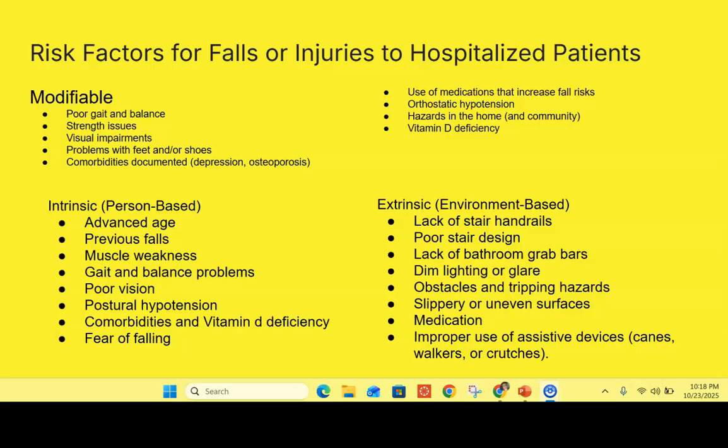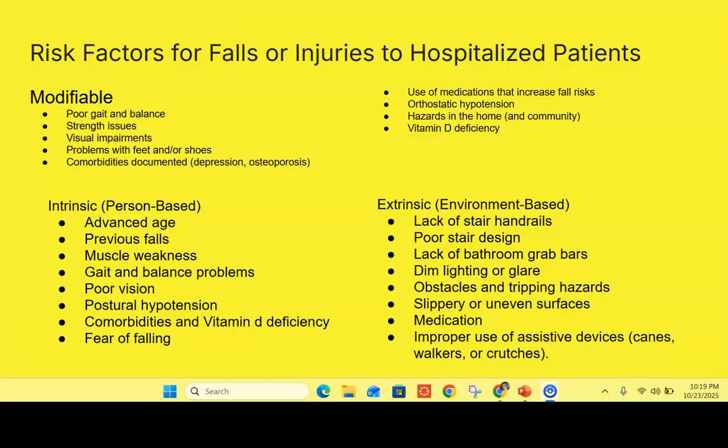Orthostatic hypotension, we know that's a huge cause of injury, especially when patients come in from home with a ground level fall. Oftentimes, they are found to have orthostatic hypotension. Hazards in the home and community, things like a cluttery house, where a client can be at high risk for falling.